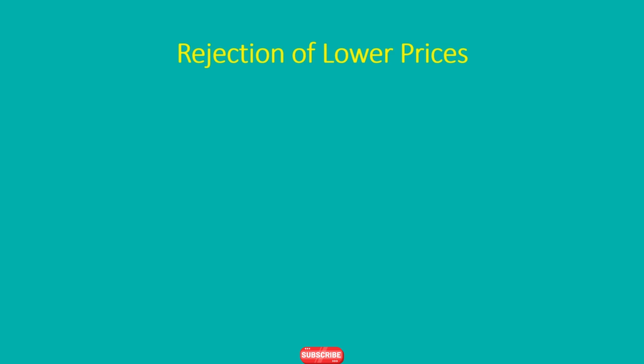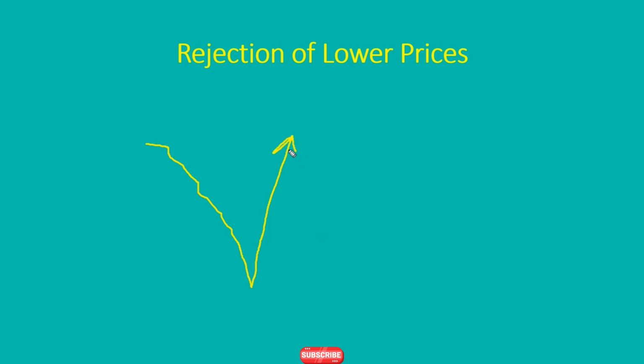And first I'll speak about rejections of lower prices. Rejection of lower prices means that the price is going downwards pretty strongly, pretty aggressively. Then it suddenly turns and goes upwards. There is aggressive rejection of lower prices.